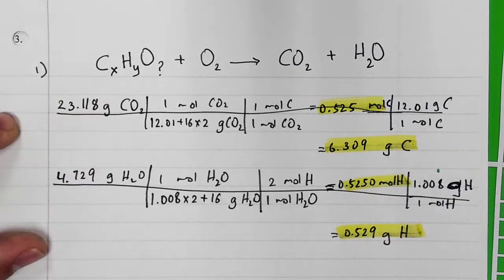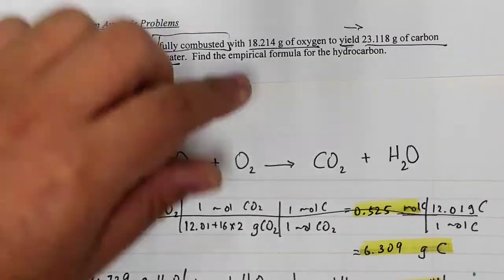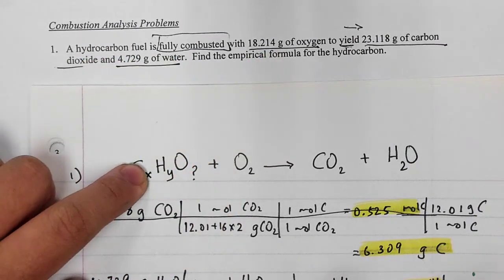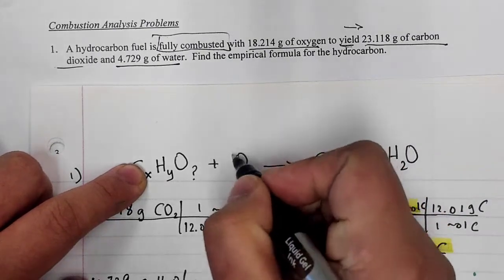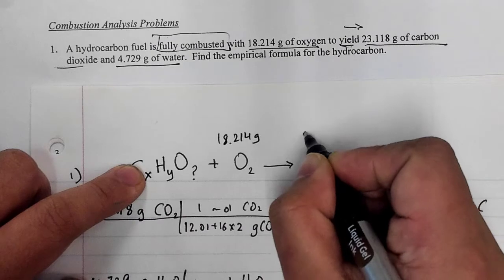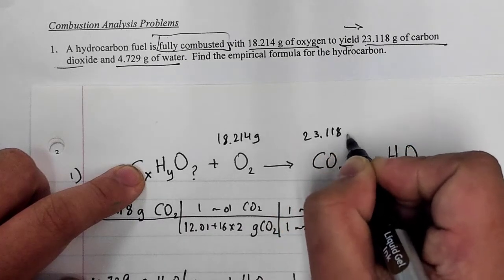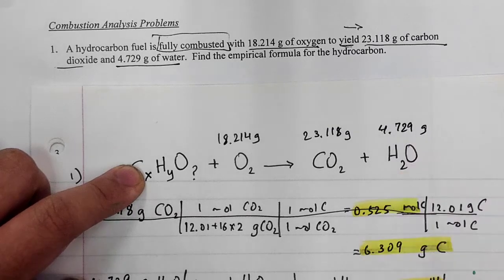Now the next part, you go back to the question and say, wait a minute, they didn't give us this mass, but they do give us this mass, and this mass. So we know this is 18.214 grams, this is 23.118 grams, and this is 4.729 grams.